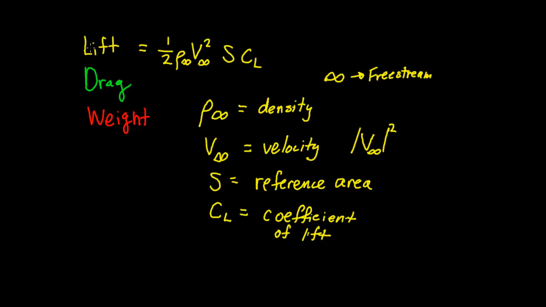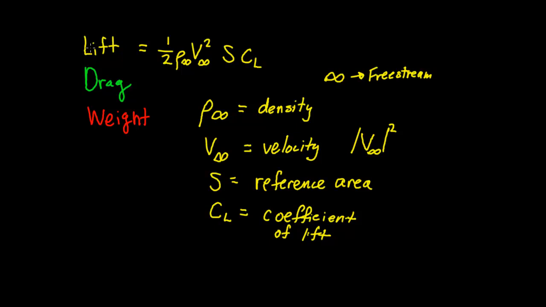The faster you go, the more lift you should have. And what's neat about this is it's not just linear in velocity. If you increase your speed by a factor of 2, you don't get twice as much lift. You actually get 4 times as much lift. So that's kind of a cool thing. The faster you go, the more lift you generate, and it's according to the square, not a linear relationship.